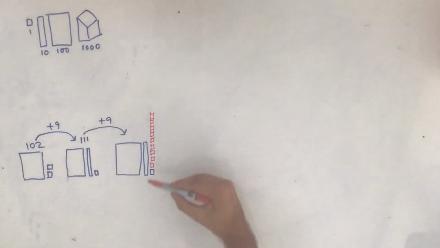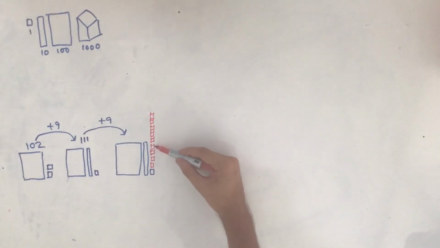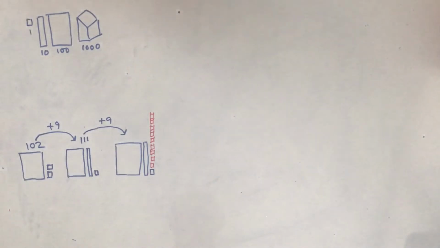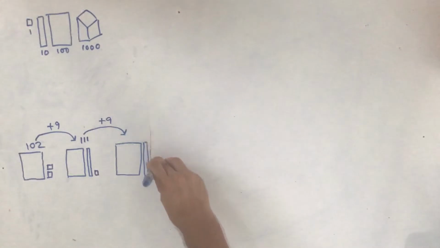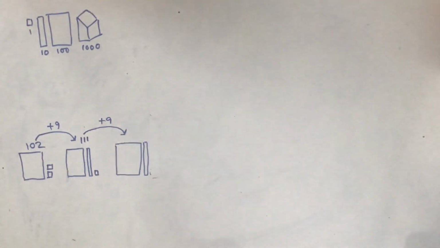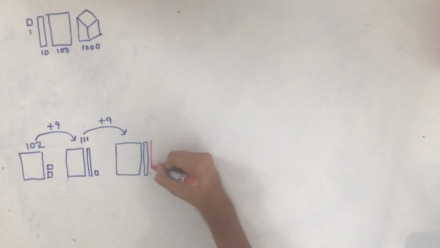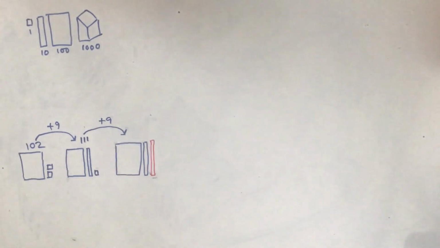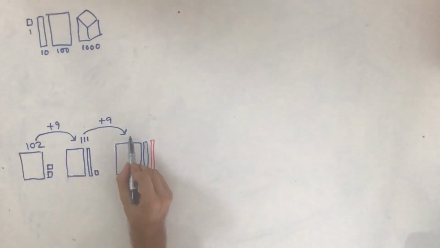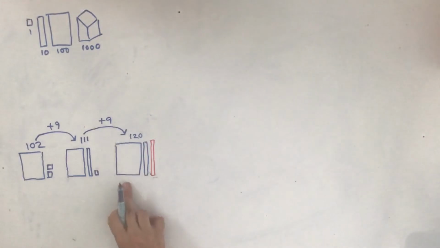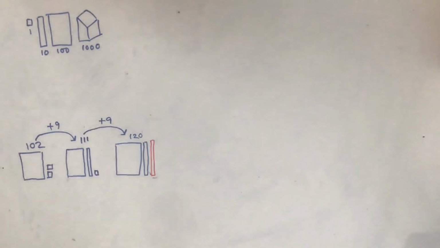Looks a bit like a 10. I'm going to check. 1, 2, 3, 4, 5, 6, 7, 8, 9, 10. Yes, it is. So let's change that again for a 10. And our new number now is 120. You can see there are 100, 110, 120.